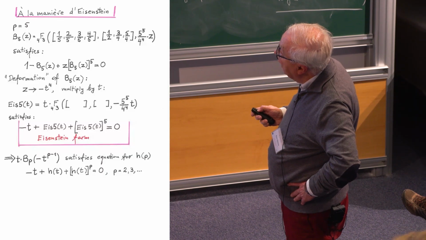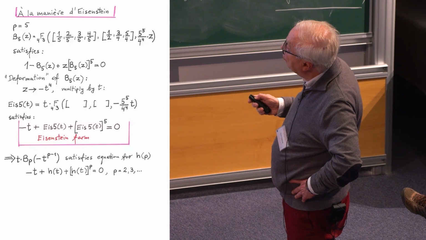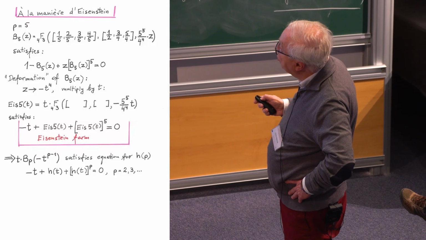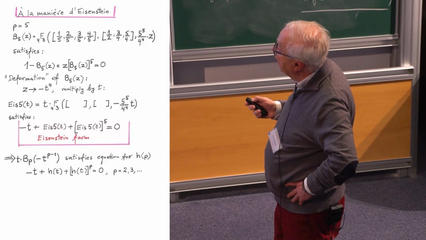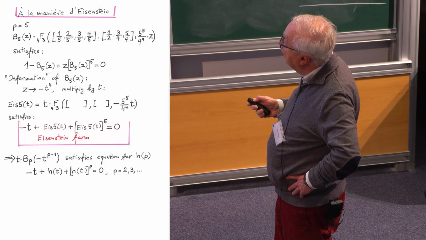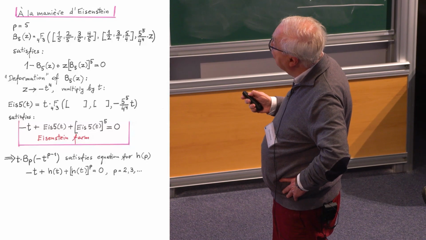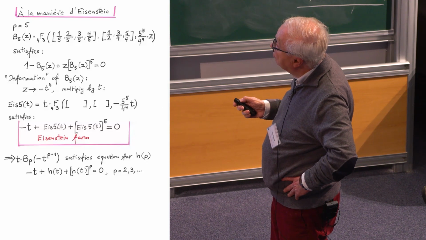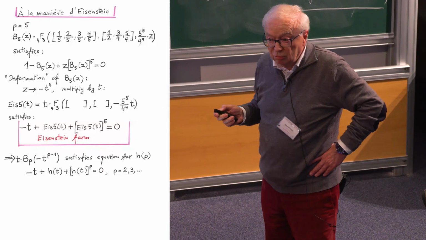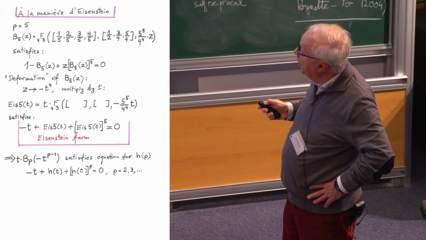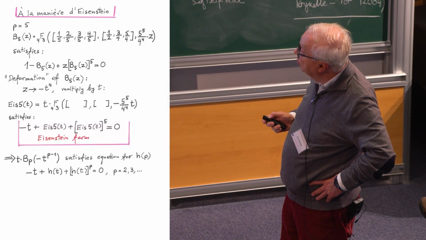And I get this function f43 with the modified variable multiplied by t. And then I take my computer and I calculate the algebraic function satisfied by this function which has been deformed by this change of variable.